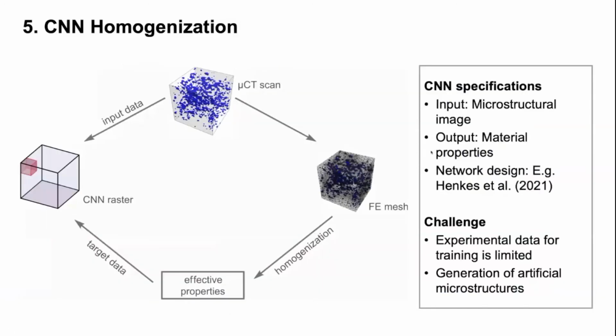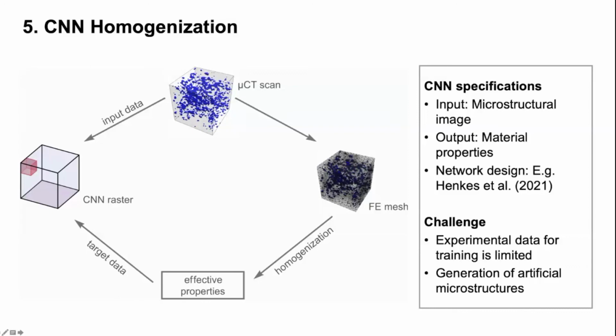The idea in CNN homogenization is we take a CT scan, an image, and from this image, we compute an FE mesh. We perform computational homogenization in order to compute effective properties. So then we have the image and we have associated properties.